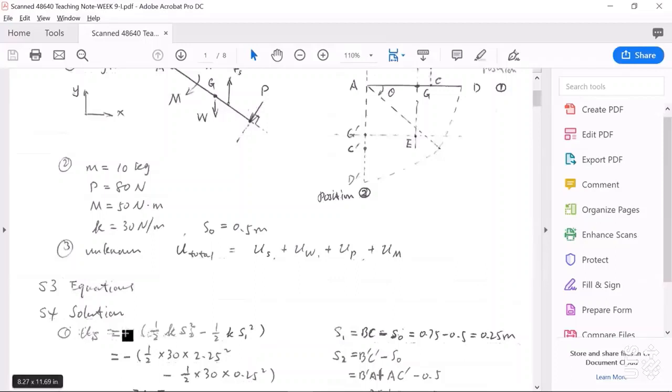So before this difference, we always have a negative sign. Okay, here K is already known. It's the stiffness of the spring. We must work out S2 and S1.